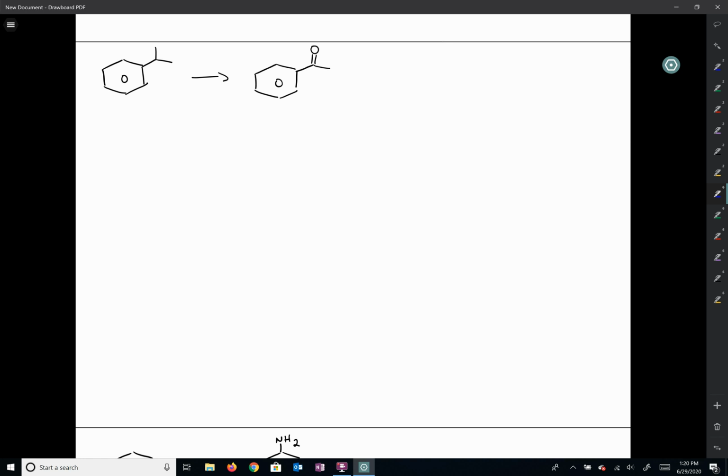So let's see what's going on here first. First things first, we've got an aromatic ring. As soon as we have an aromatic ring, you need to load in all your information about dealing with aromatic rings and their reactions. But taking a closer look, we notice we're really not doing anything with the ring itself. We're doing stuff with the side alkyl chains.